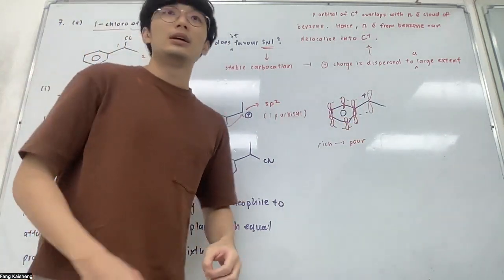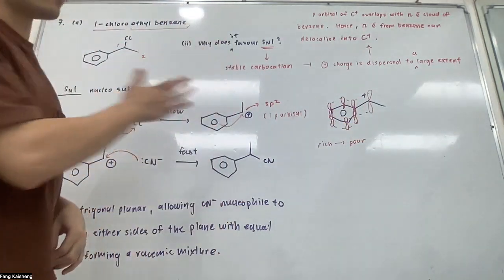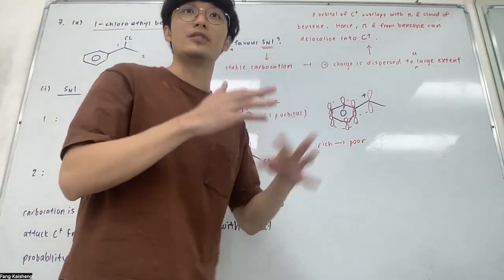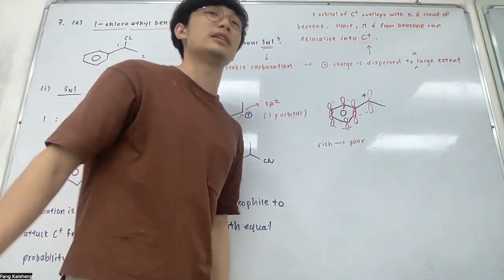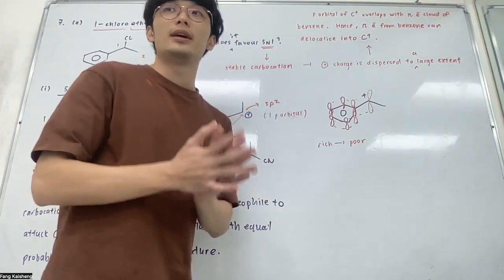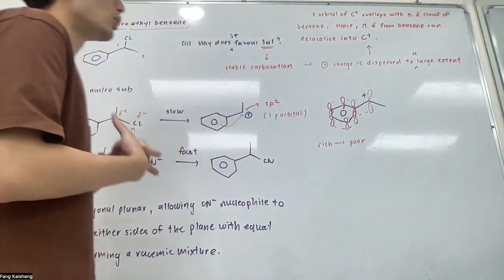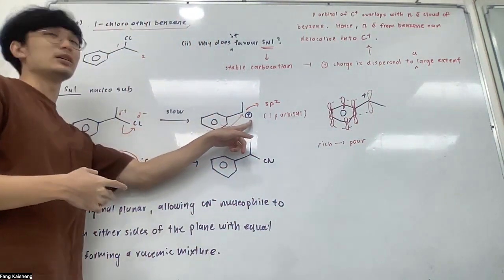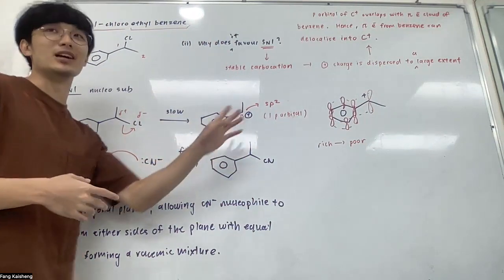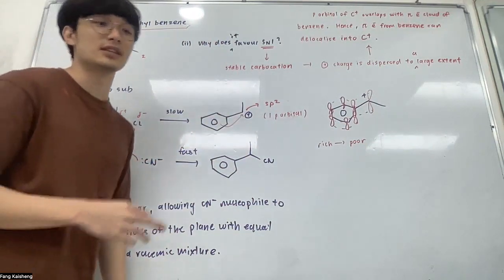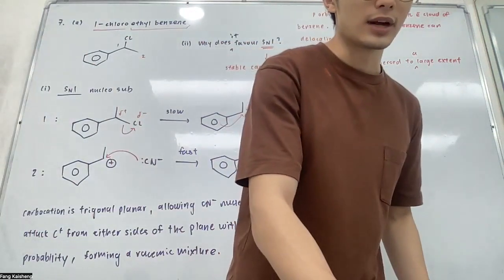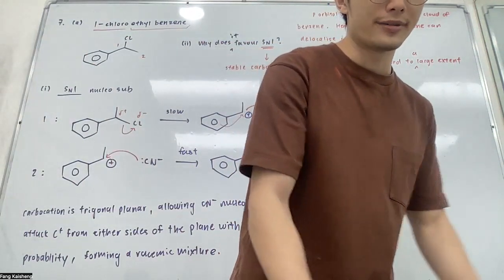Does that make sense? Very important question. You might want to put a star here. It's a very special scenario. Your school will definitely test in the future. So anytime there's anything right beside a benzene, you have to talk about delocalization. Just a warning first. Okay, so guys, can you all take a look at part B now?